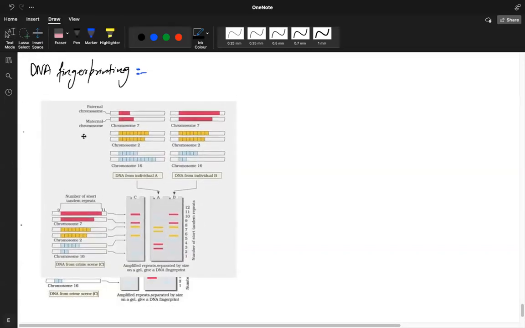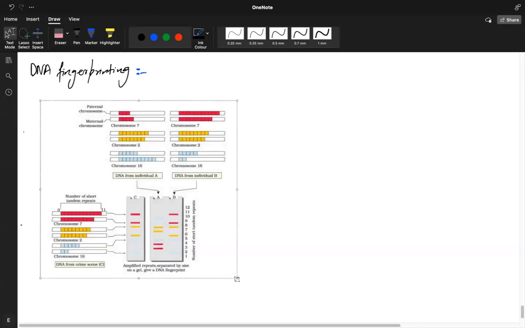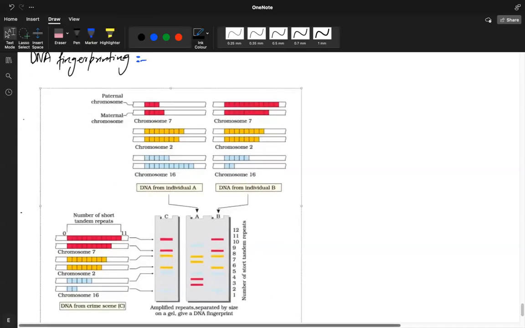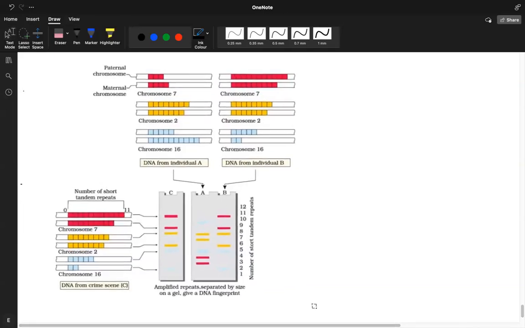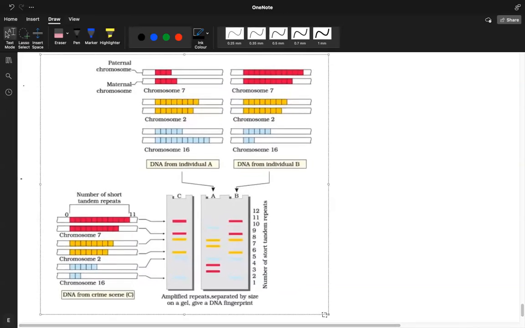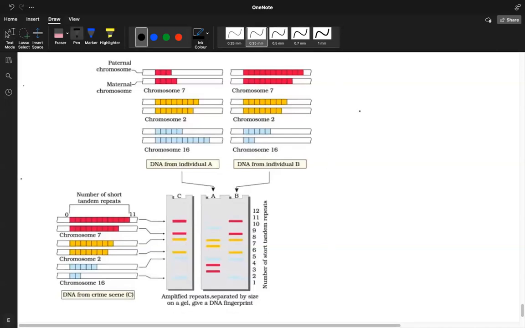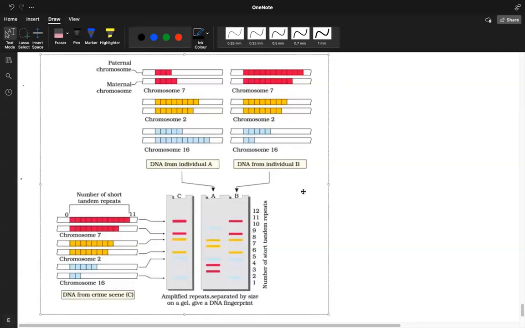Yes, sir. Now let's do some Sherlock Holmes kind of work. Okay, so look here. These kinds of techniques are very helpful because they are used very widely in criminology and in forensics to solve cases.